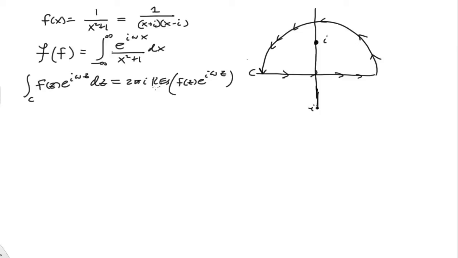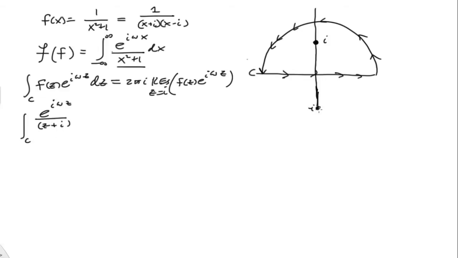The residue is going to be at i, because the path is enclosing that one right there. So let's actually compute what that is. We can rewrite the function on the inside as e to the i omega z all over z plus i.